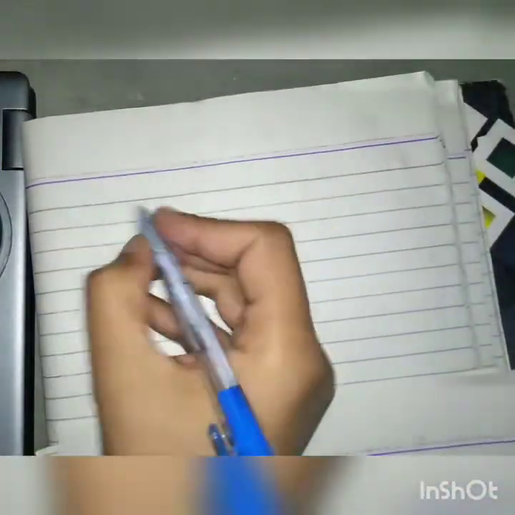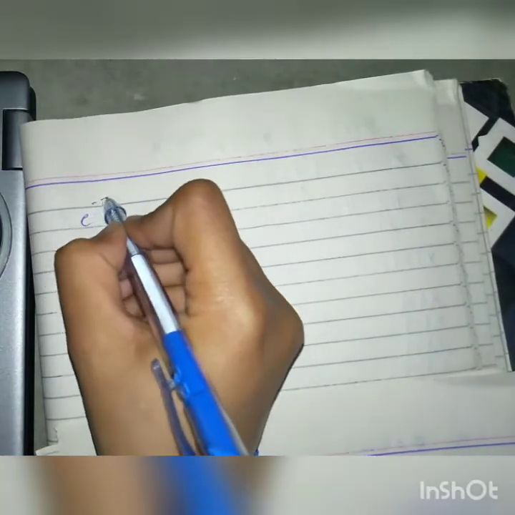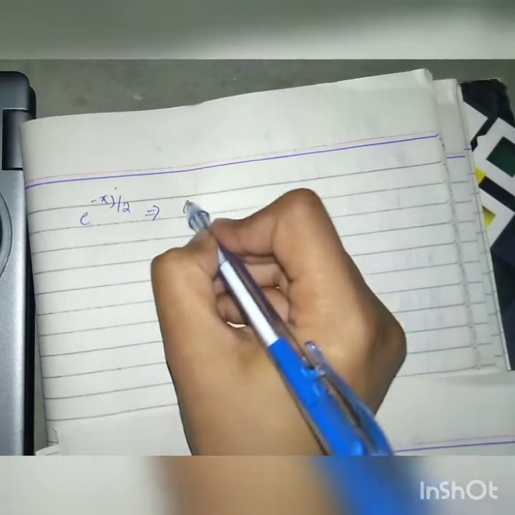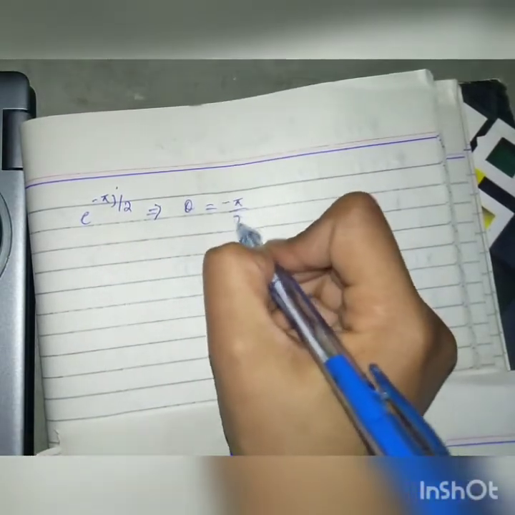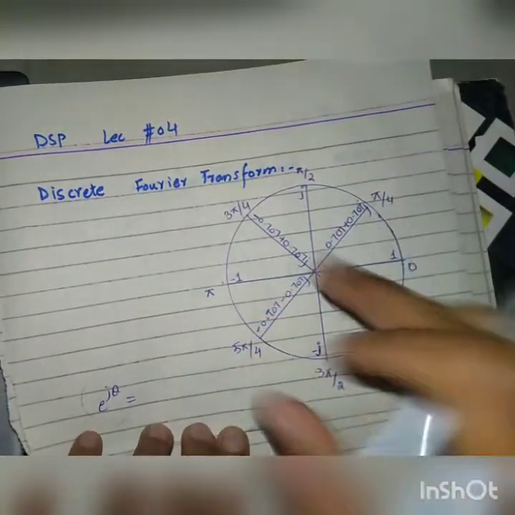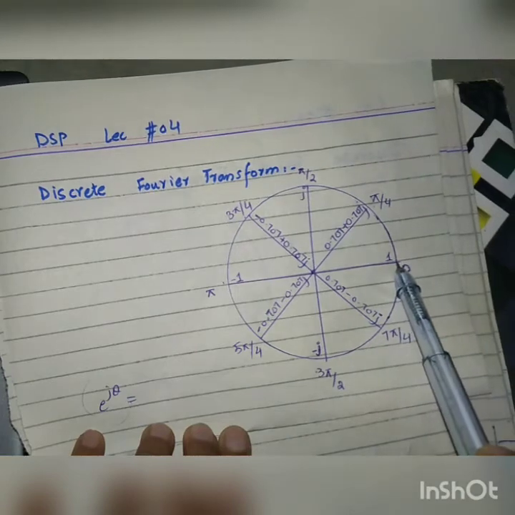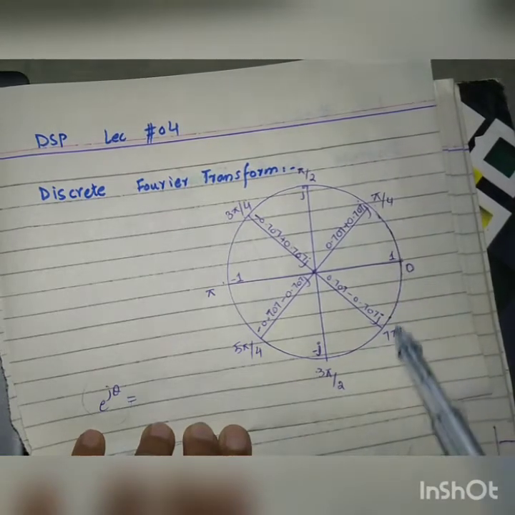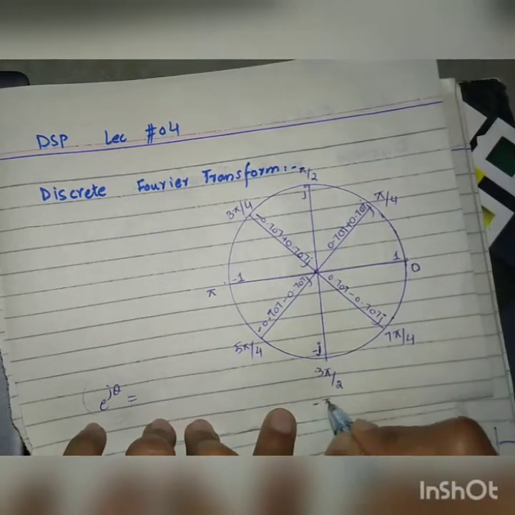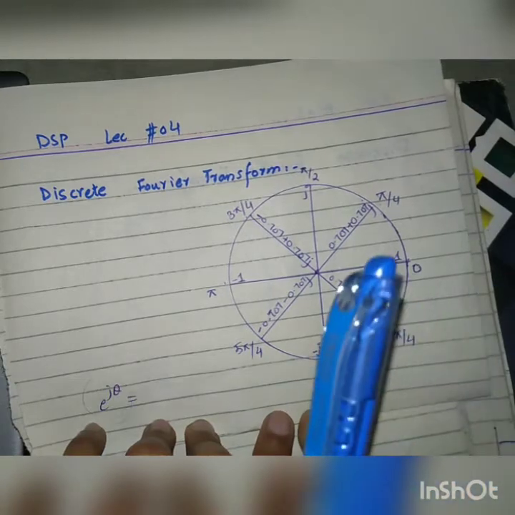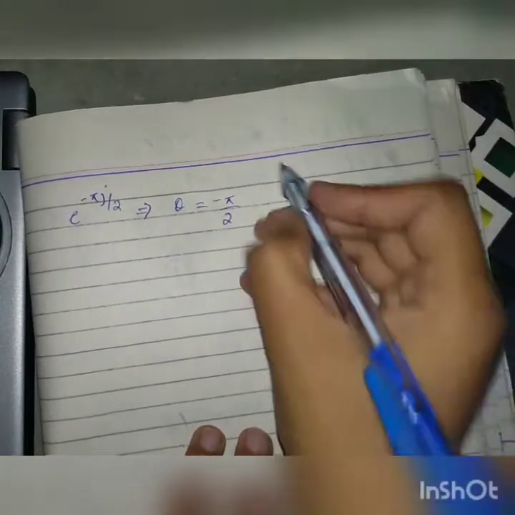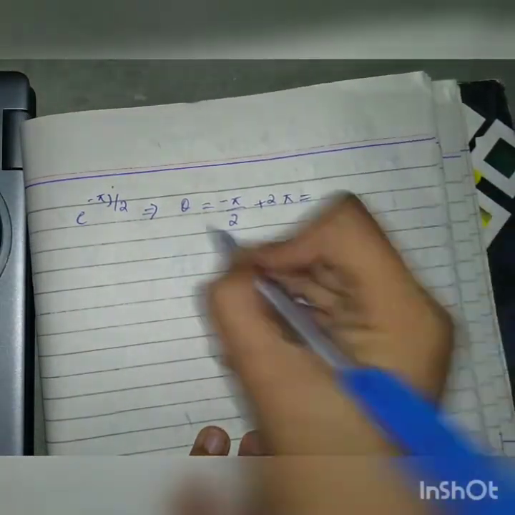We need to find e^(-πj/2), and from this we see that theta is equal to -π/2. So where is -π/2 on this circle? If we move from this position in the clockwise direction, -π/2 will be here, but instead of watching it on the negative side, we can add 2π to it and see where this lies.